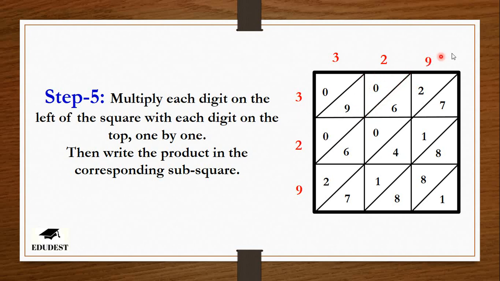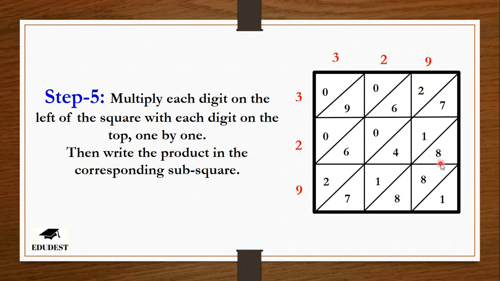Now 3 9s are 27. The product is a 2-digit number, where 7 stands for the units digit and 2 stands for the tens digit. Similarly, you need to find out the products and put the values like this.